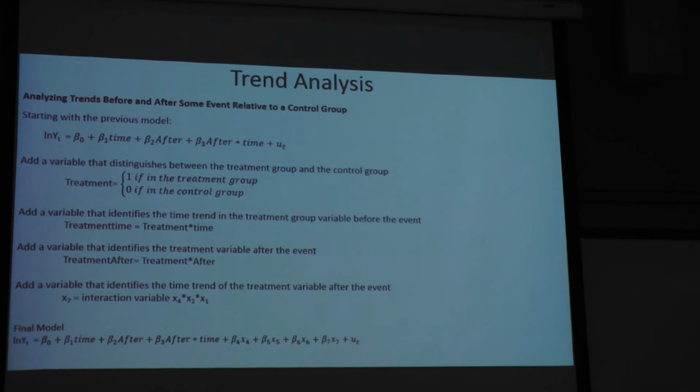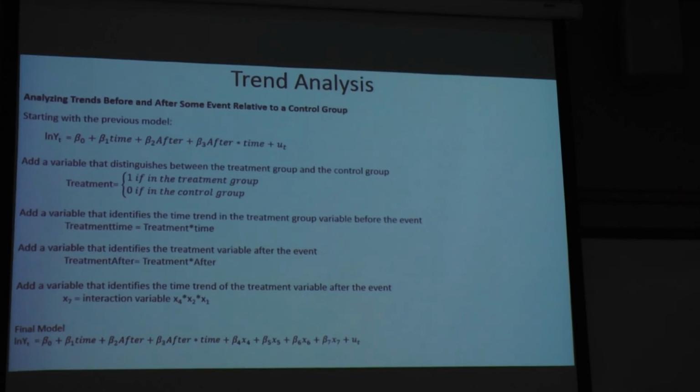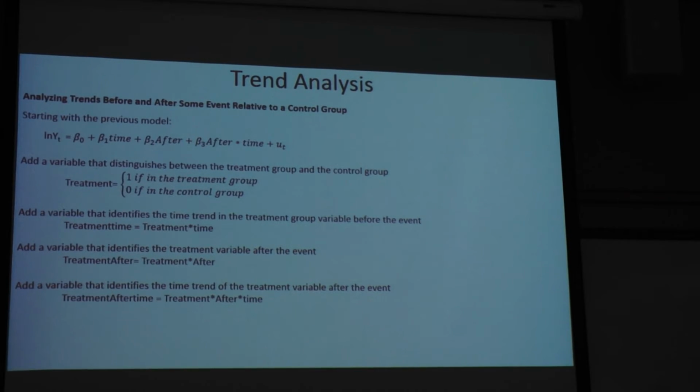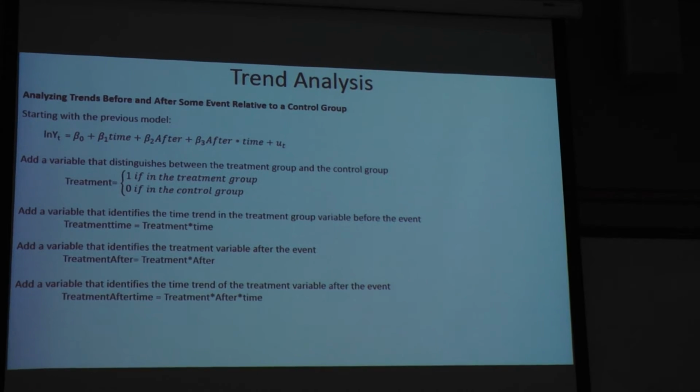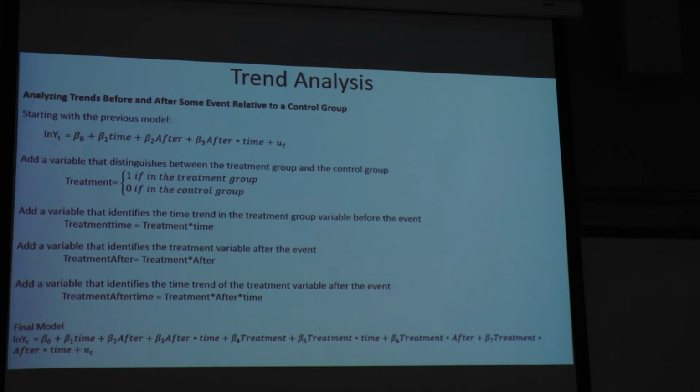Let's call x6 the interaction of treatment and after, treatment after. Let's call the triple interaction what it is. It's treatment after time. Then we get that big old model.